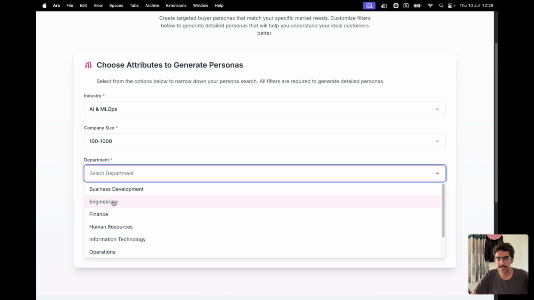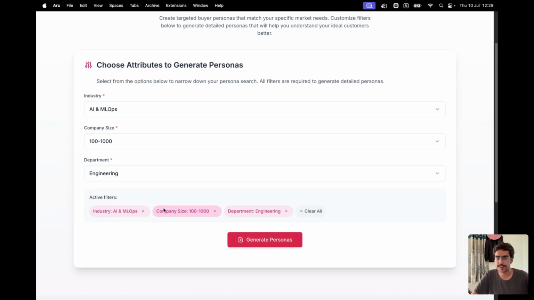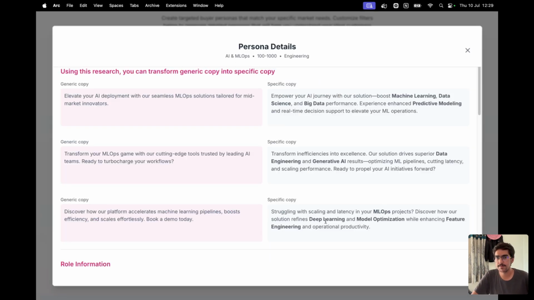So, for example, if I want to know about engineering folks, after you click this tool, a pop-up will show up, and using this tool, these are examples of what you can do with it.